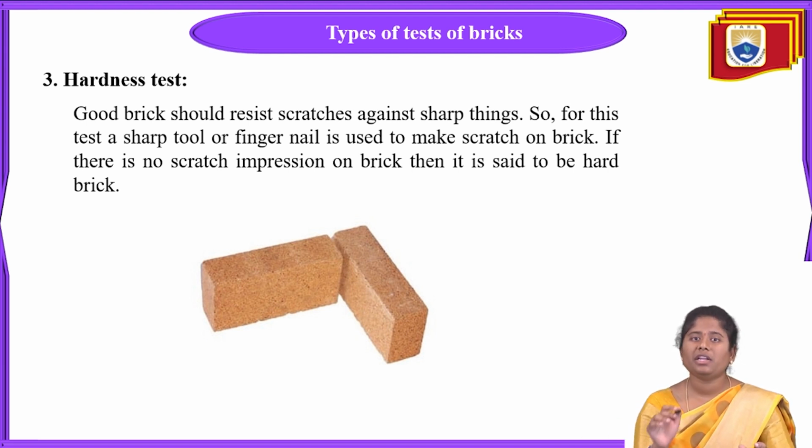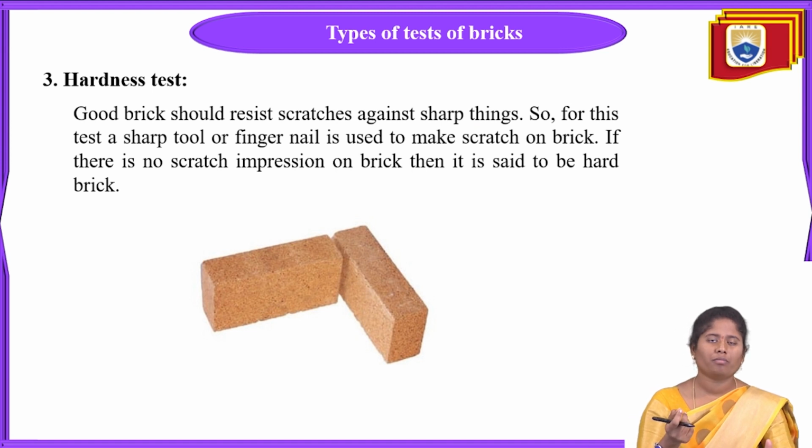If it is a good brick, it should resist scratches from sharp things. Sharp things are nothing but our fingernail or a sharp tool. We scratch the brick using the fingernail and sharp tool.